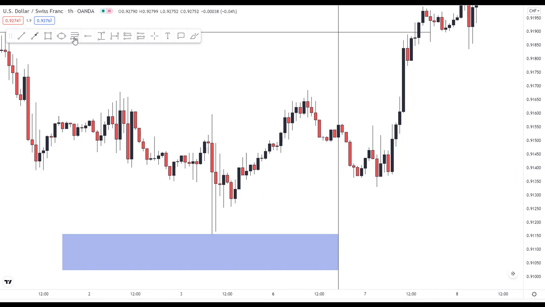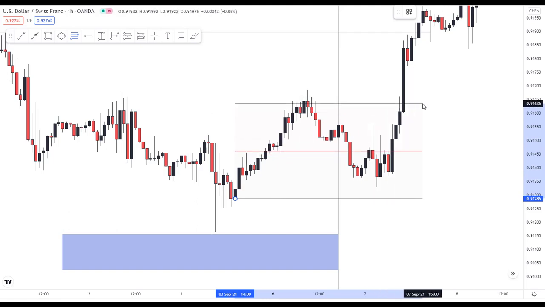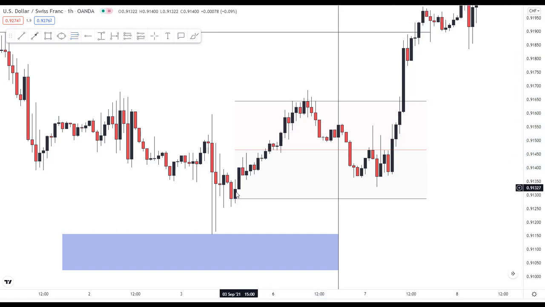Now this is the entire range from here all the way here, and we're going to draw our fib to the top of the body of the candle. You could use the wick, but I prefer to use the body. So all the way up here.